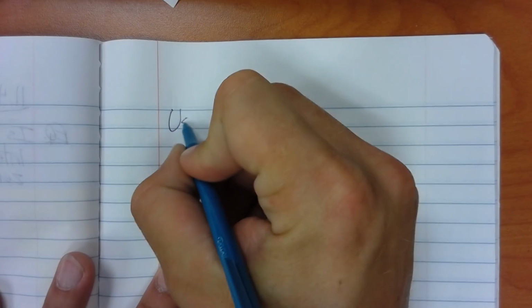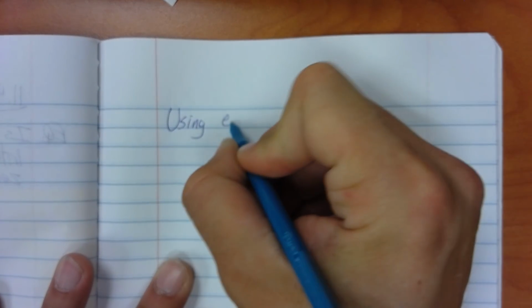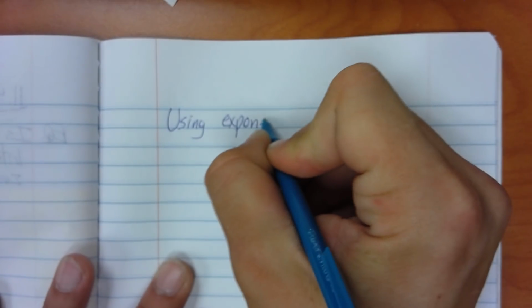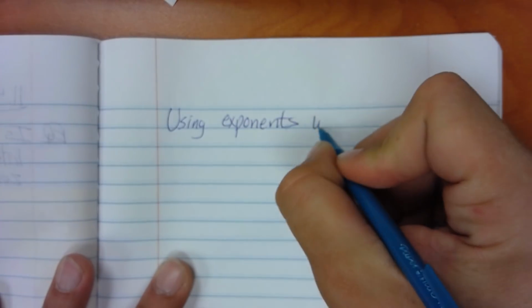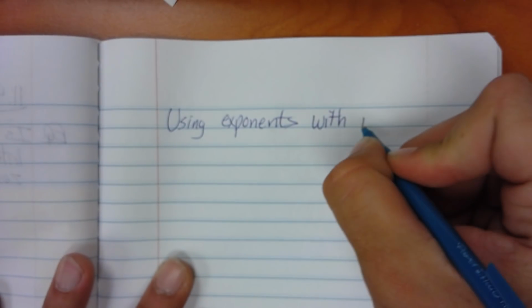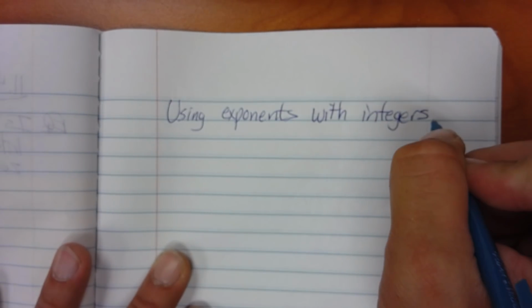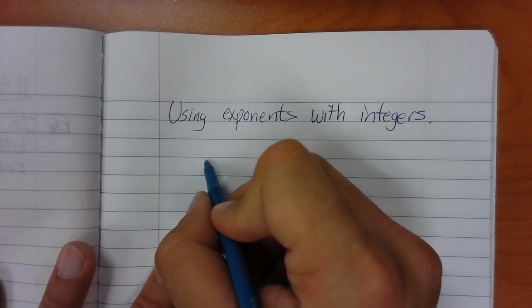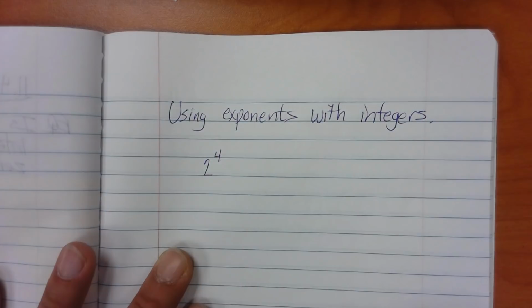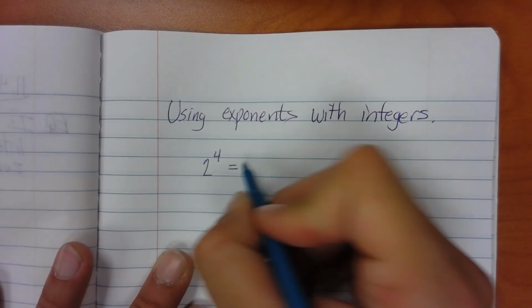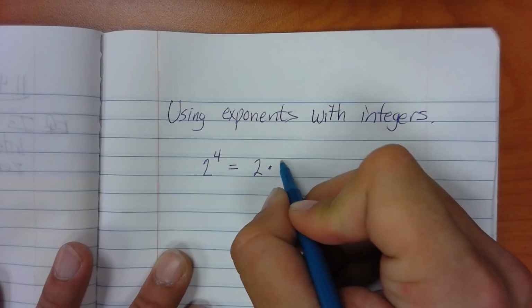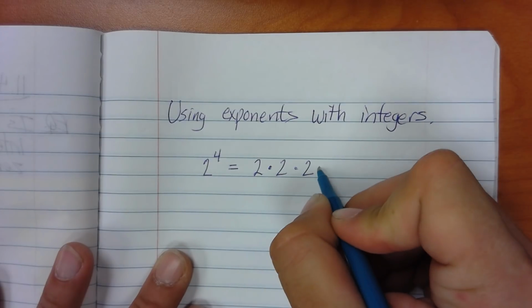Now, using integers with exponents. Now I know if I have 2 to the 4th power, right, that equals 2 times 2 times 2 times 2.